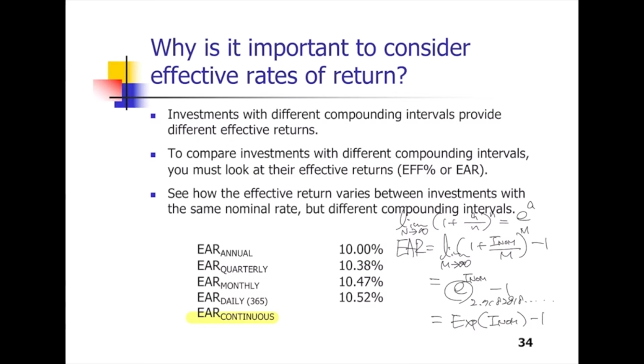In this case, the nominal rate is 10%, right? So it has this number, 10.52%. And you don't have to remember this. I just show you how to calculate when you have continuous compounding intervals.